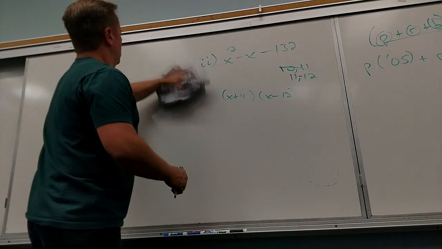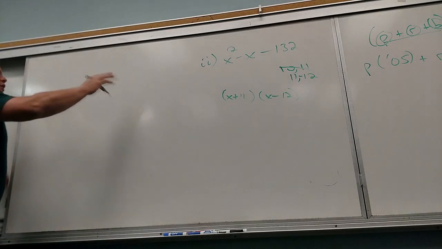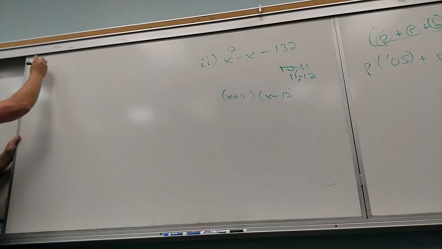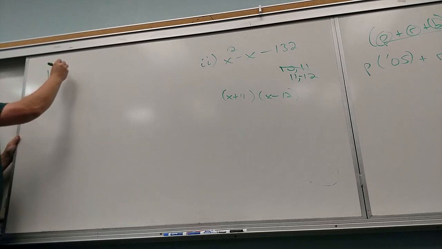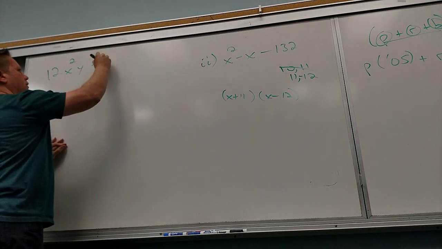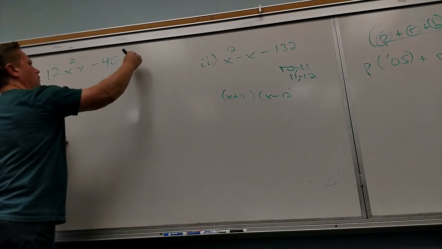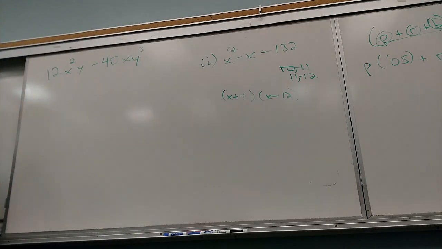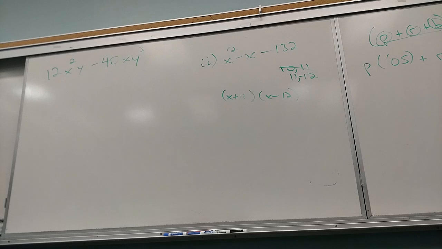Okay, so, real quick, before I get too far, we have this kind of stuff, which at this point needs to be pretty simple. What form of factoring is this?